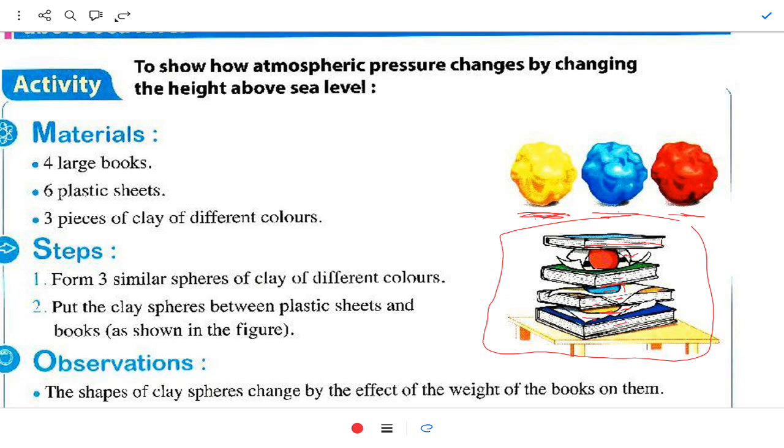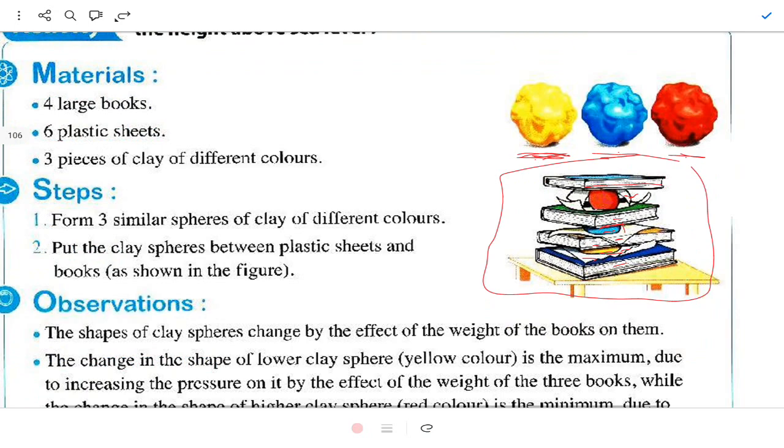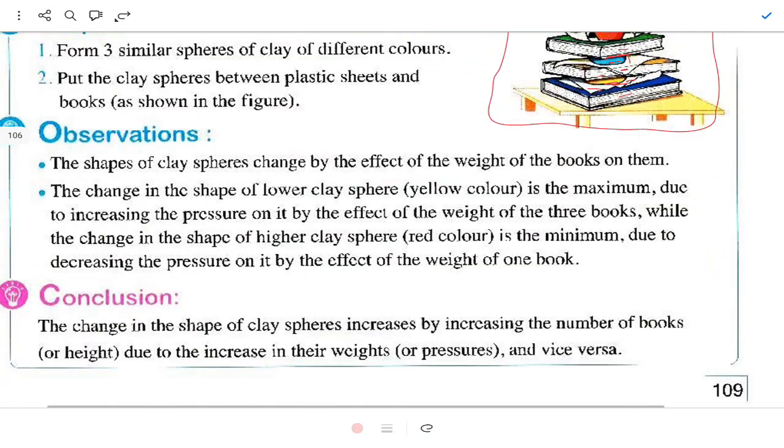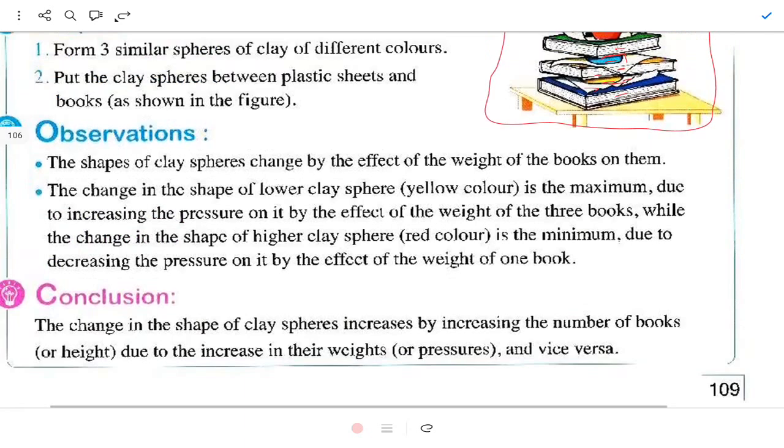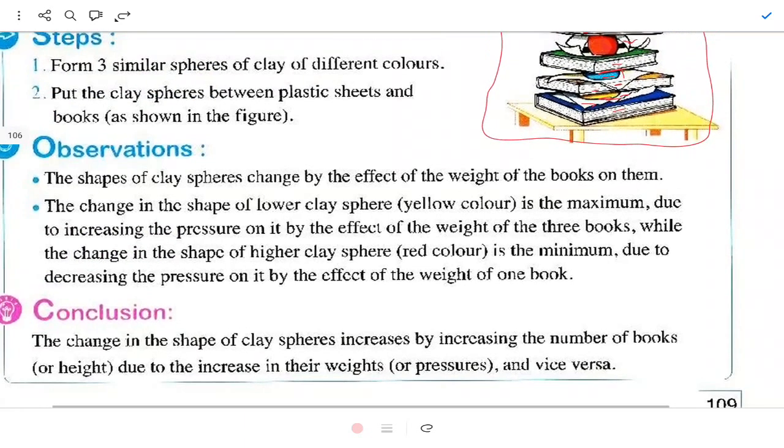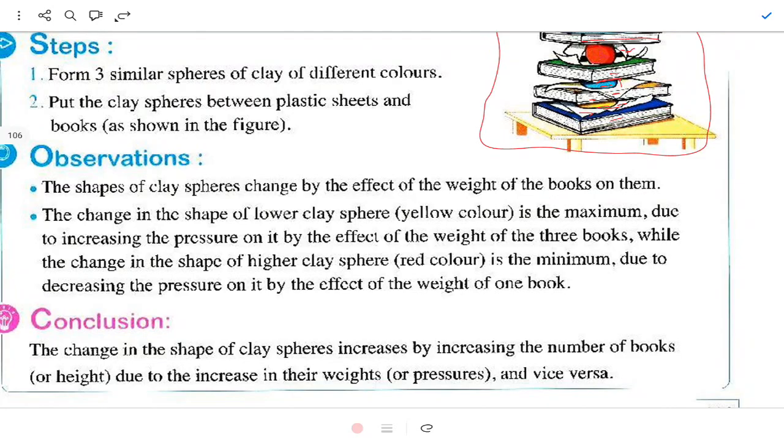You may notice the conclusion that the change in the shape of the clay spheres increases with the number of books.